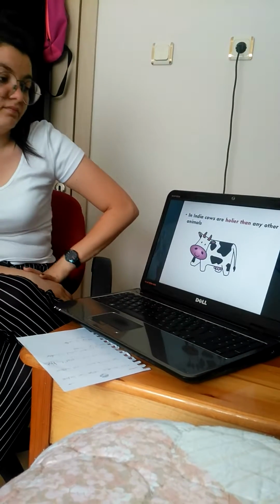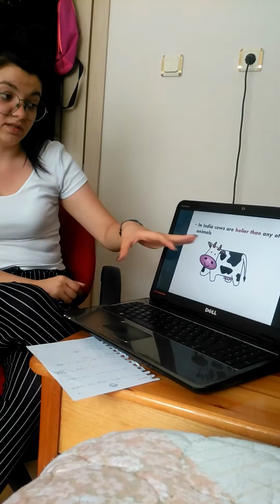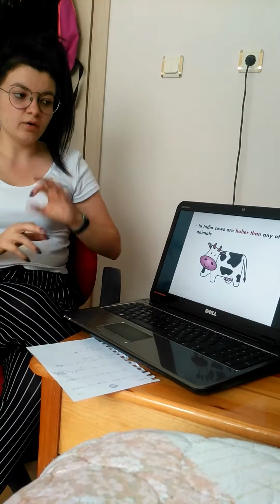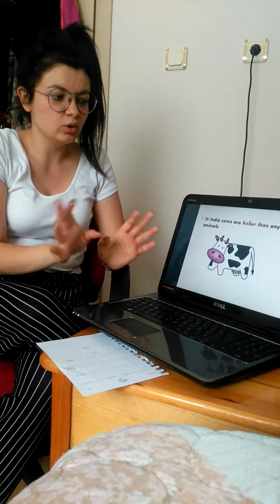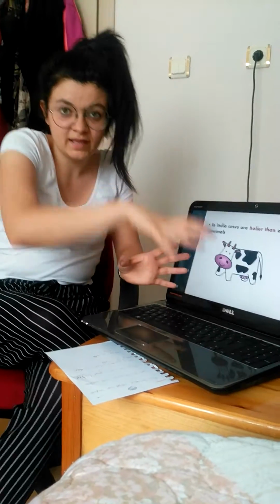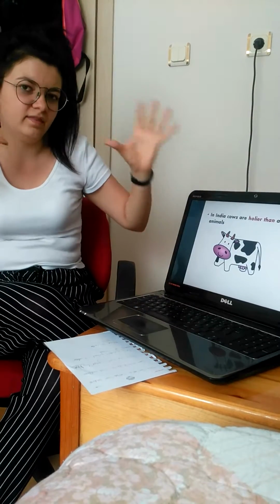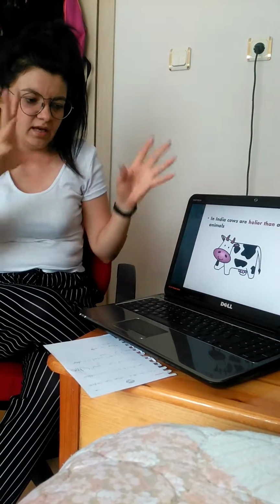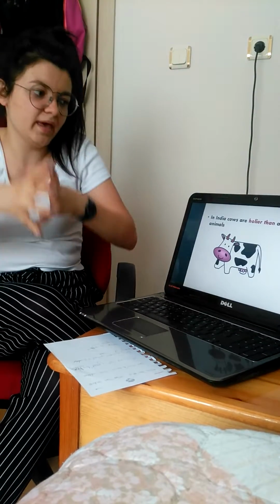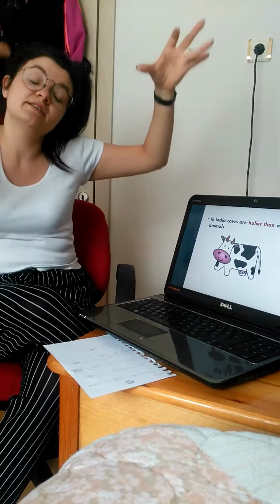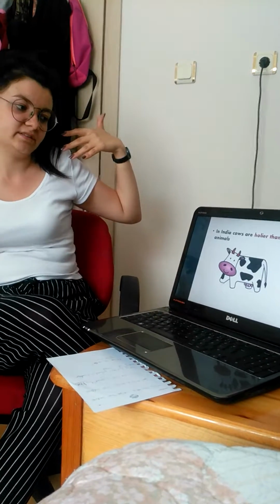In India, cows are holier than any other animals. We are comparing the cows who live in India and those living all around the world. We can think of it as two things: India's cows and the others' cows. India's cows are holier than the others.